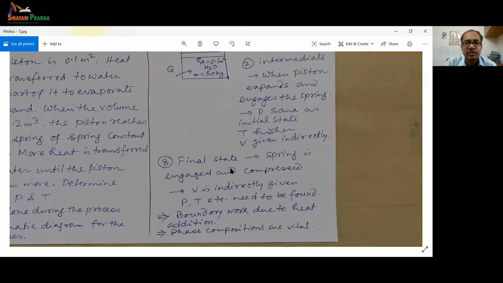Now comes the final state, or state 3, when the spring is engaged and it is compressed. So the final state is reached when you have a certain compression of spring, and that compression is given. So the volume is indirectly given here, through the spring compression and other variables. And pressure, temperature, etc., we need to find out, we don't know.